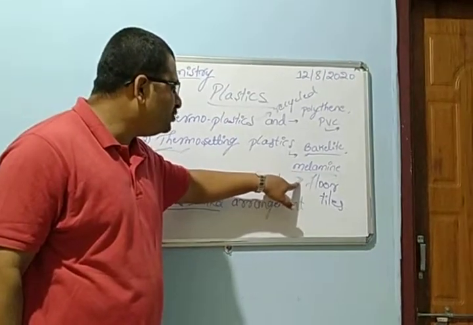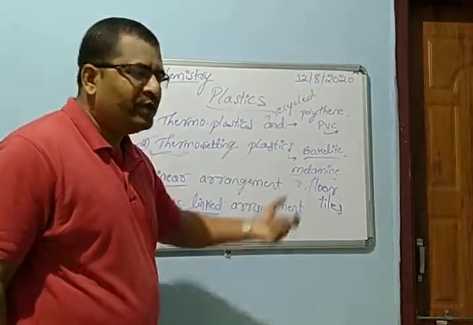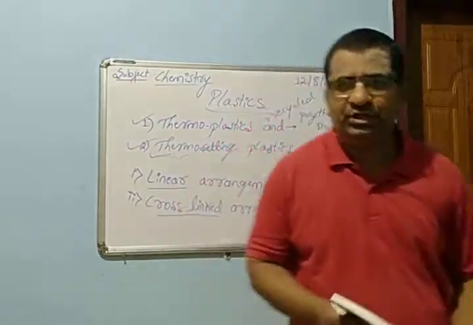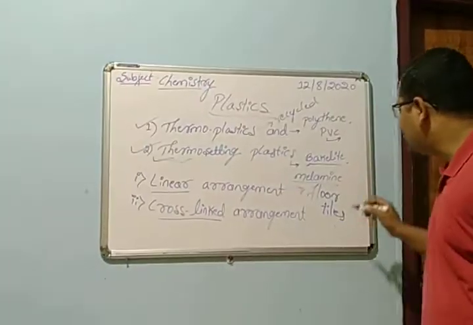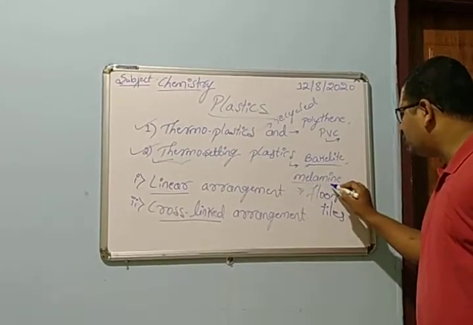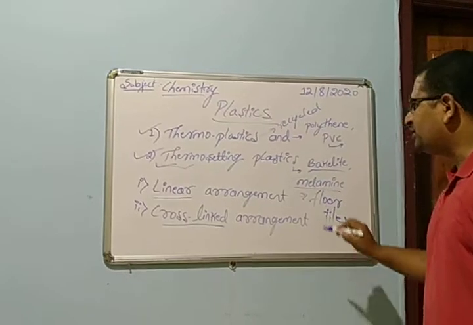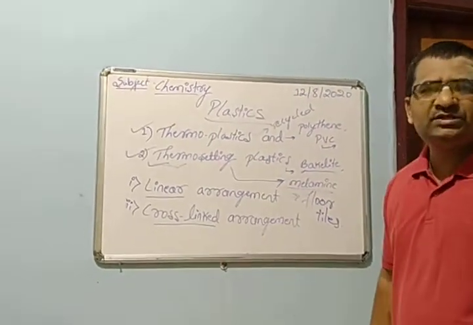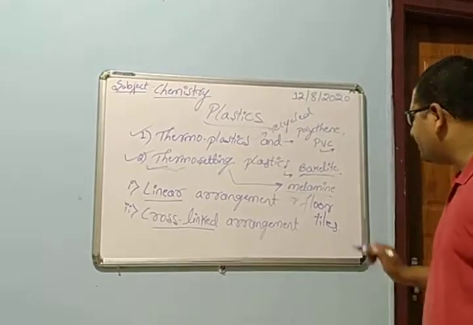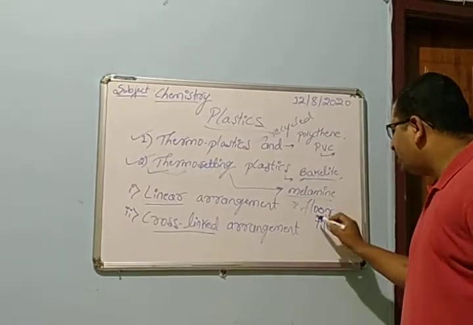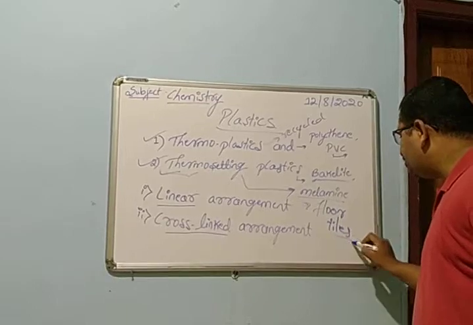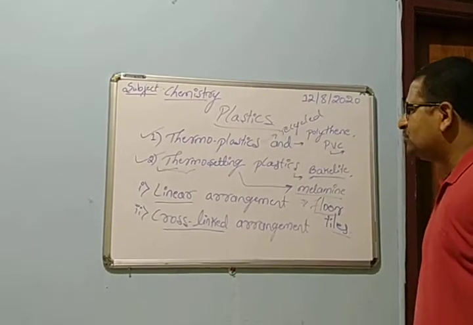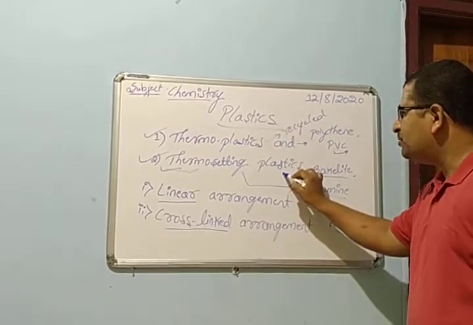Melamine is used in fire extinguishing materials and while working with fire. Melamine plastic does not catch fire easily, it resists fire, and it is also used in manufacturing floor tiles. So this is all about thermosetting plastics.